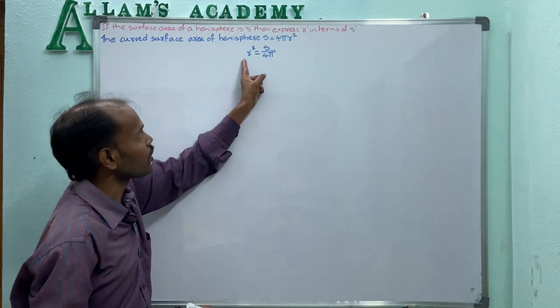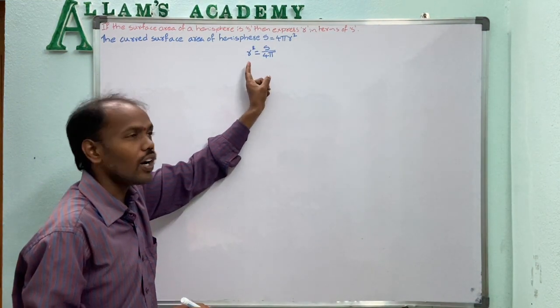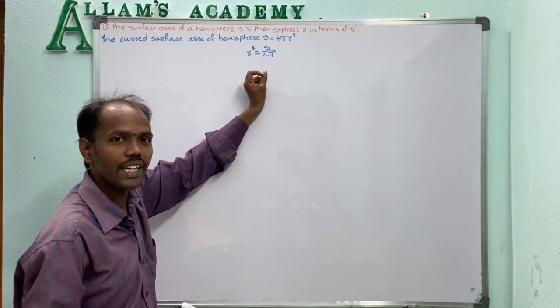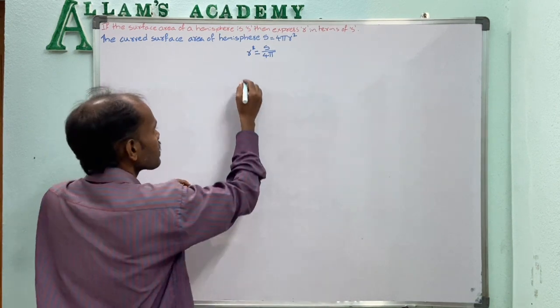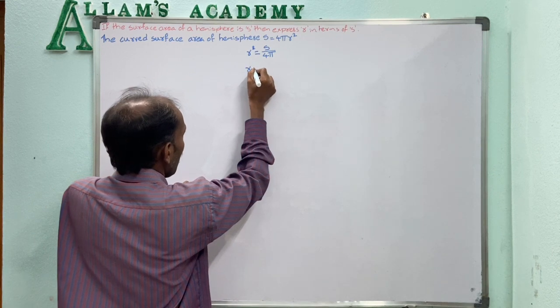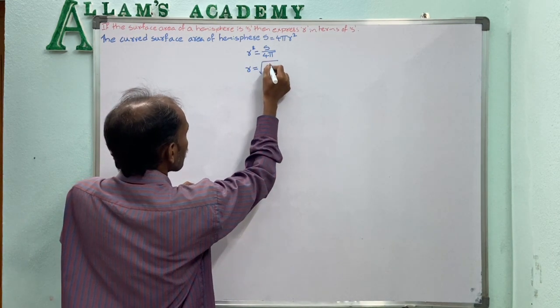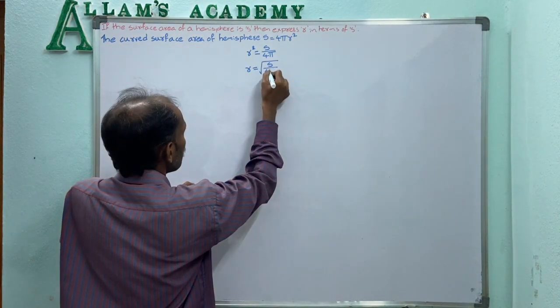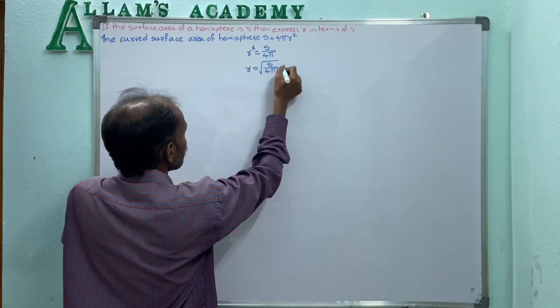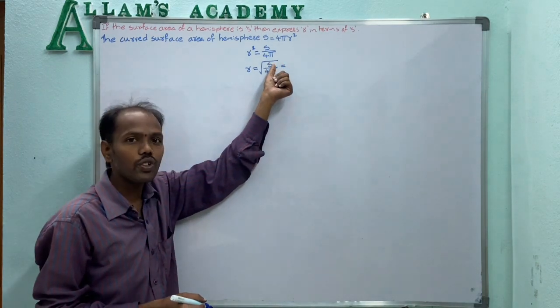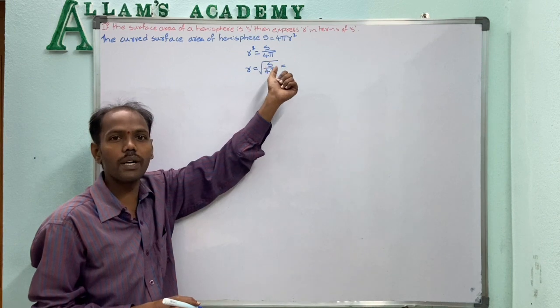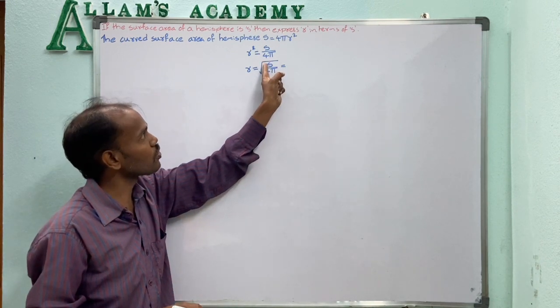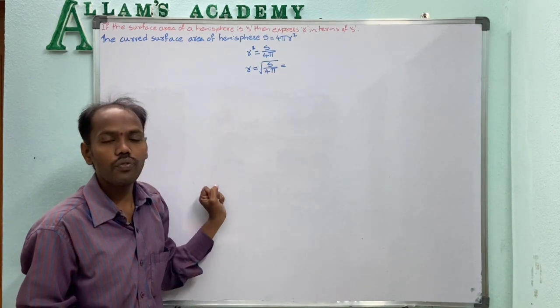Now we have to find R. So R square is given, we have to find R. That means taking the square root on both sides. Then R equal to under root S by 4 pi. So root x by y means root x by root y. That means root S by root 4 pi.